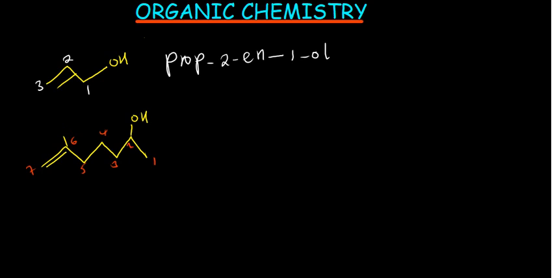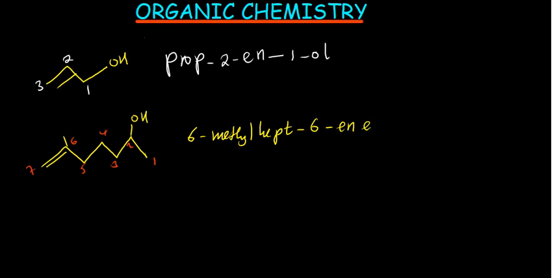So this one, we'll first name the methyl at position number 6, 6-methyl. And then this is a chain of 7 carbons, that is hept. At position number 6, we have got a double bond, so I'll put en. But I'm going to drop this E because we only have one OH.